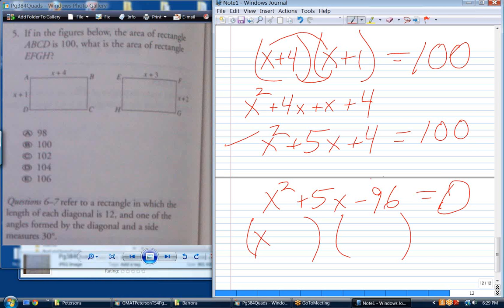It's also 8 and 8. 8 goes into this 12 times. That doesn't subtract to 5. This doesn't factor well.